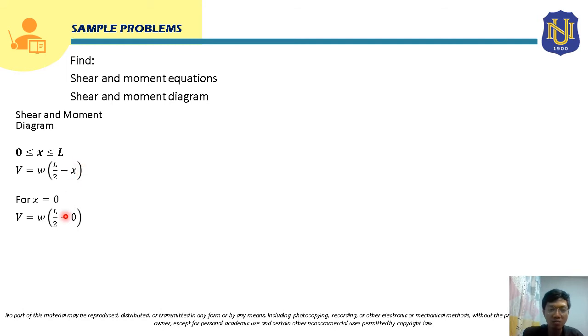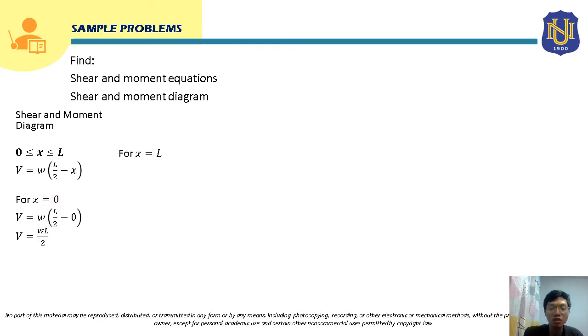So this x will be 0, and solving for shear, this will just be WL over 2. And take note class that this value is actually the value of the reaction at the left support, right? So the shear will just be equal to that reaction force. This will be the shear force at x equal to 0.